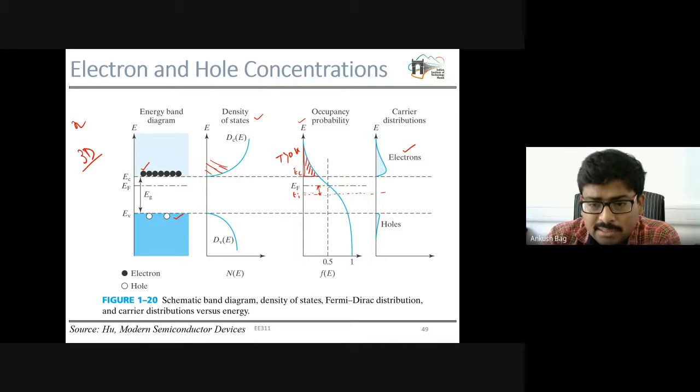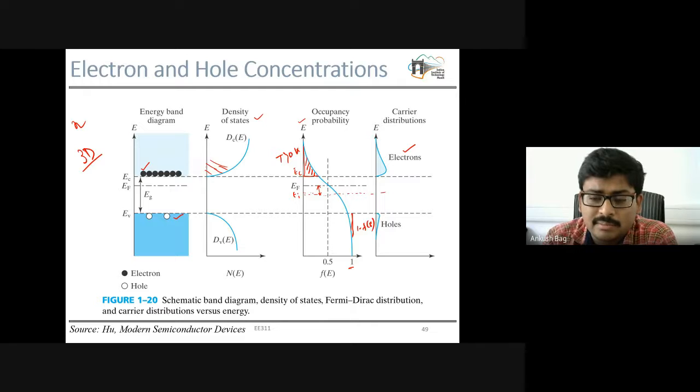A few more comments or observations from this graph. When this is more n-type, that means your Fermi level is closer to your conduction band. Obviously, the penetration of your Fermi-Dirac distribution above the conduction band will be higher than the absence of your Fermi function, because this is 1 minus F_e, which helps us to quantify the holes.